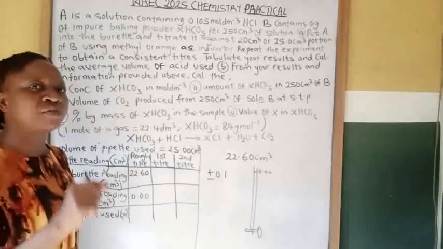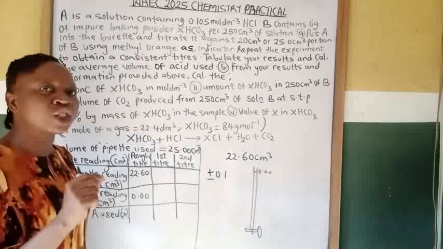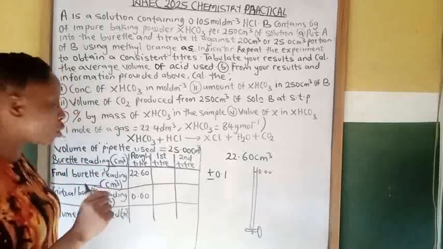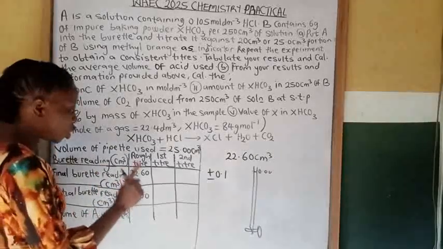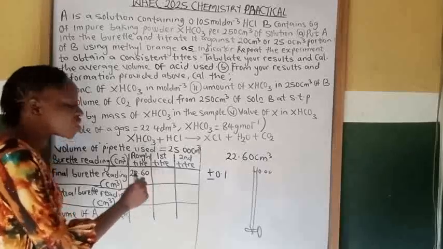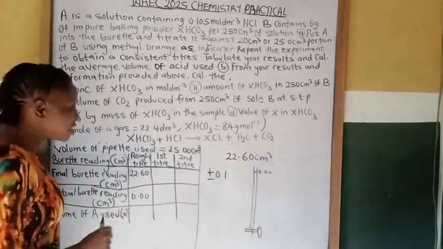If you approximate it to 1 decimal place, 2 marks will also be deducted from your result. So make sure that all the values in your table are in 2 decimal places.